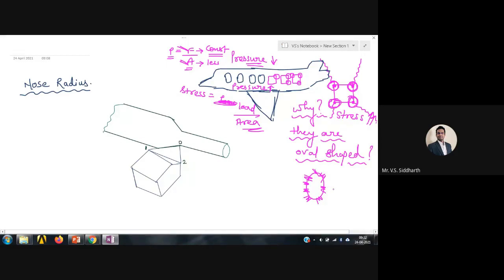You see submarines and all; the windows are circular in shape. They also avoid sharp corners. Getting my point? If you see old aircraft, when aircraft were very new, we used to have such sharp cornered windows. Many flight crashes have taken place in the past due to stress concentration and internal cracks that built up.